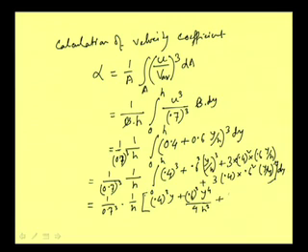Then plus 3 into 0.4 whole square into 0.6, this will become y square by 2 h, plus 3 into 0.4 into 0.6 square, then it becomes y cube by 3 h.